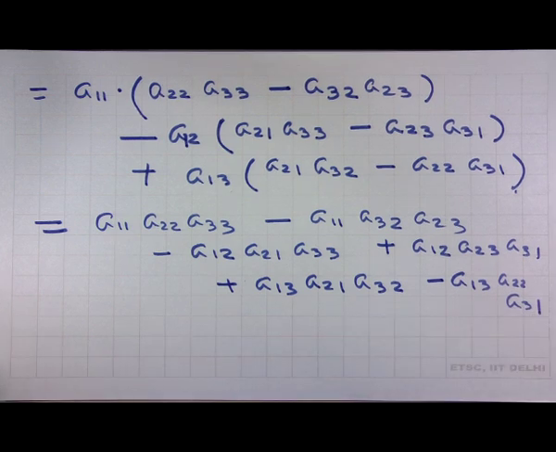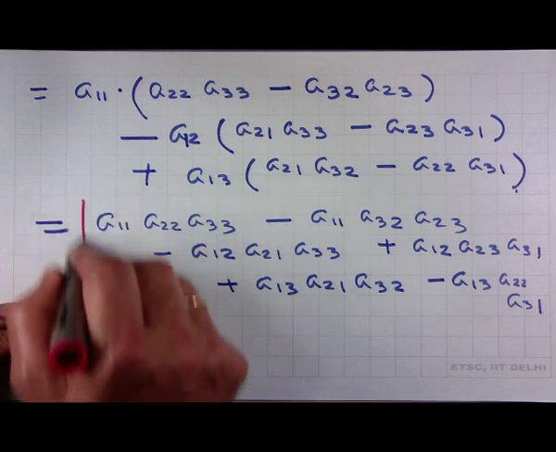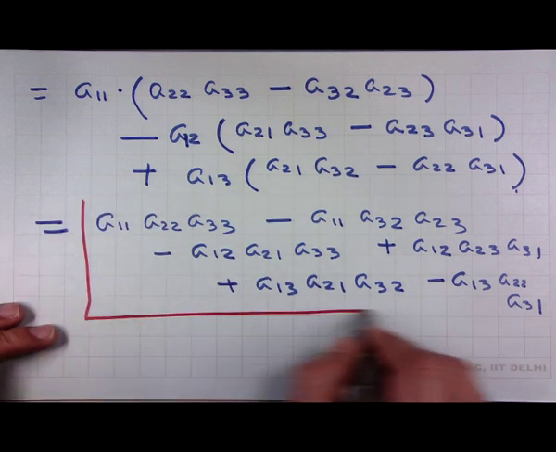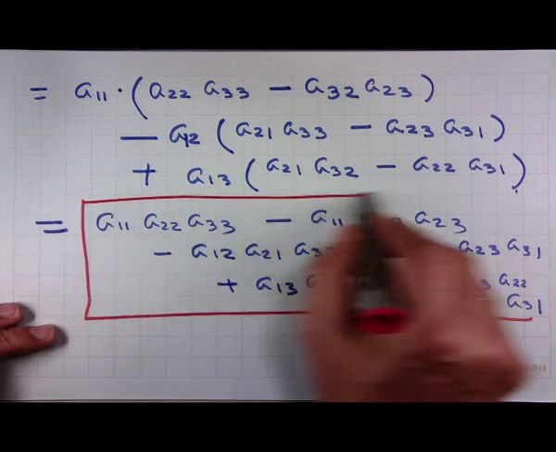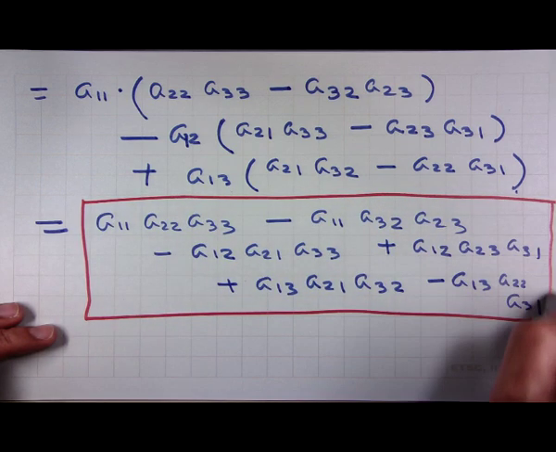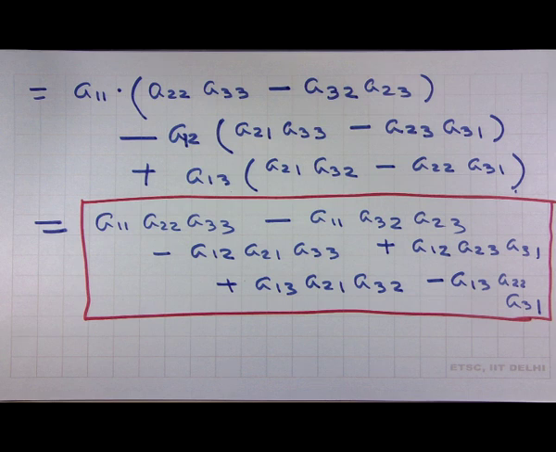So, this is going to be the determinant of the 3 cross 3 matrix, which we denote by Aij, i is equal to 1 to 3 and j is equal to 1 to 3.